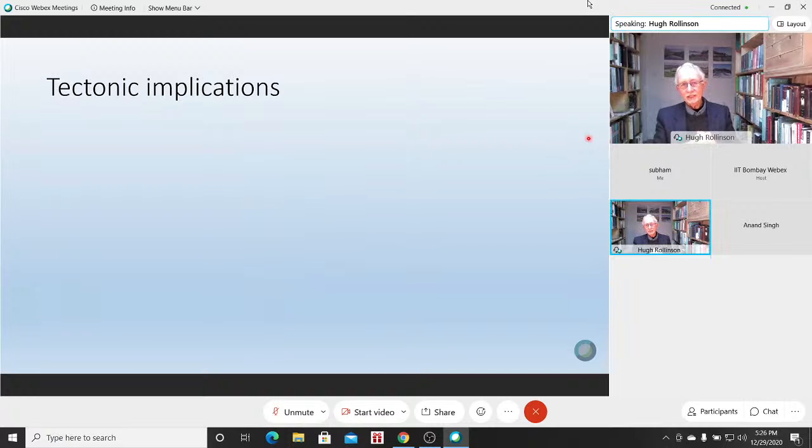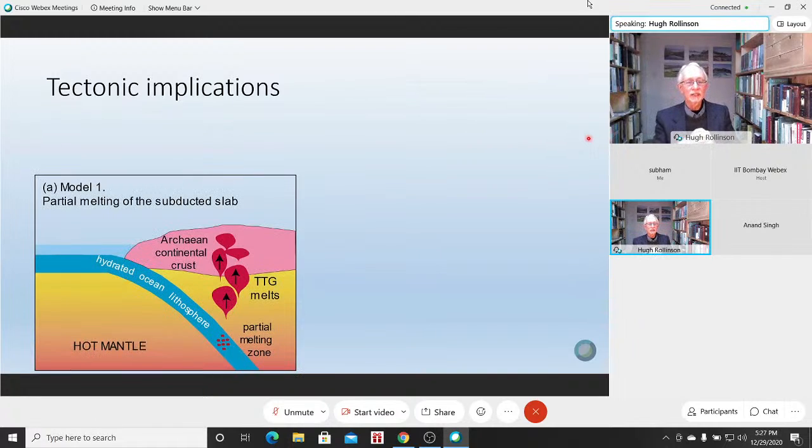How might the partial melting of basalt have taken place in the early Earth, and what are the implications in terms of former plate tectonics? So here's a model suggesting how we might produce TTGs by the partial melting of hydrated ocean lithosphere.